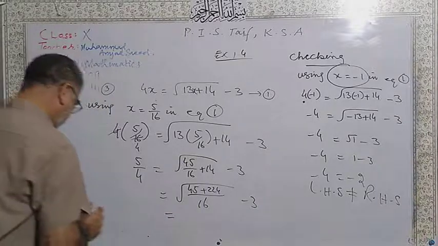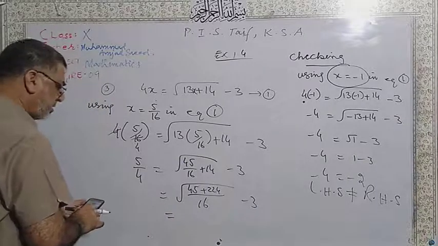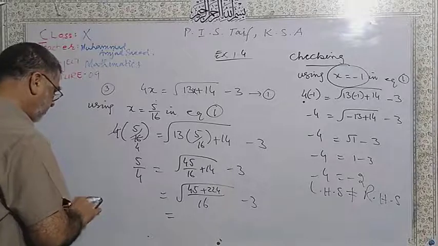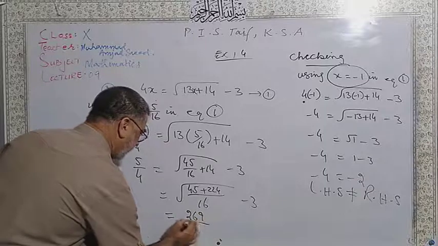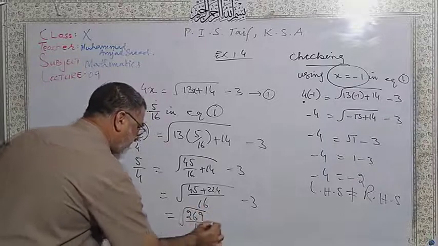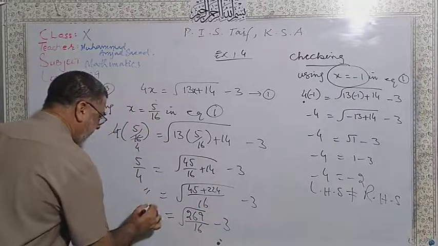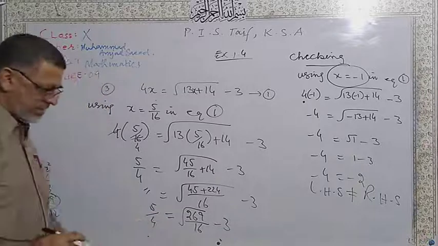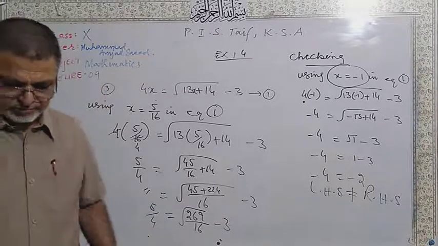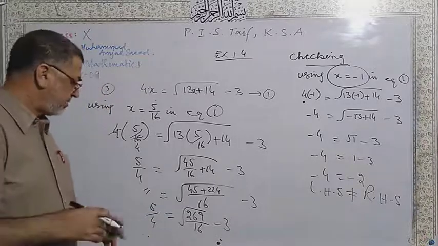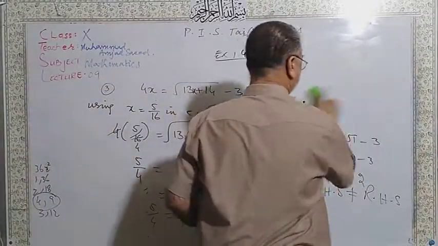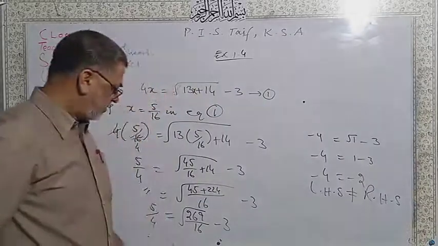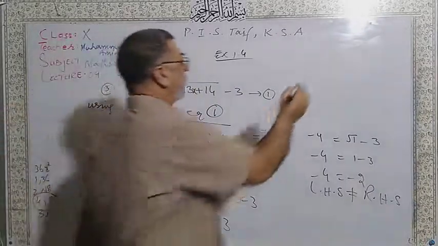After that, that will be the square root of 269 over 16, minus 3. Left hand side is 5 over 4 as it is. Here we can check 5 over 4.